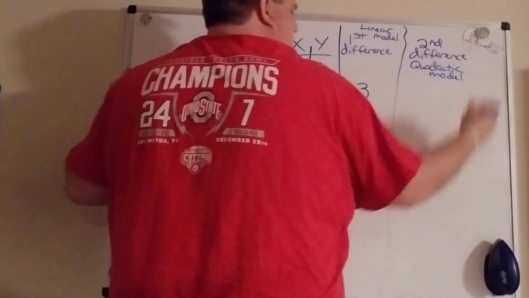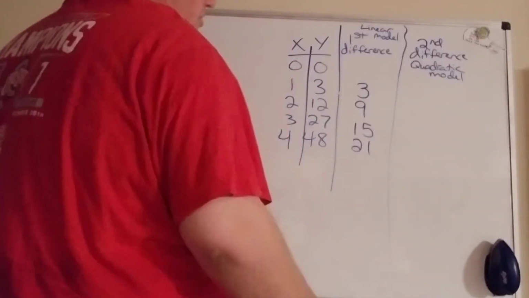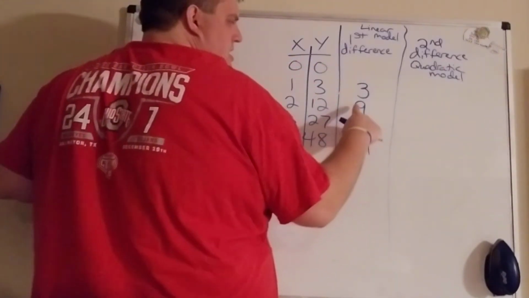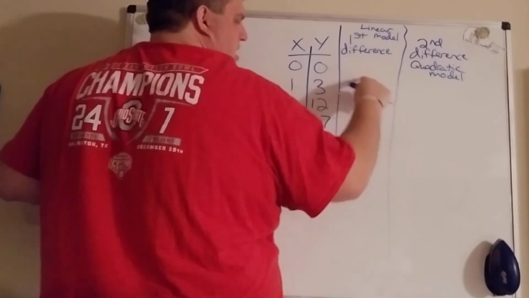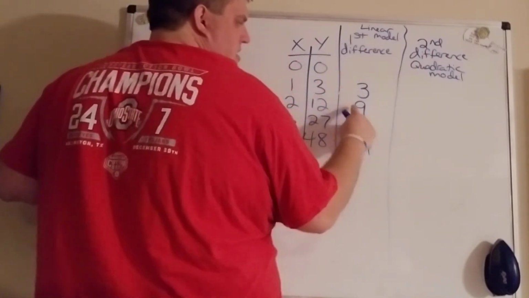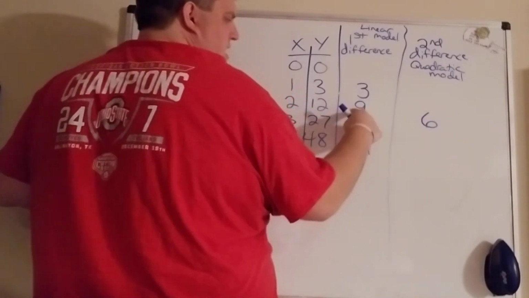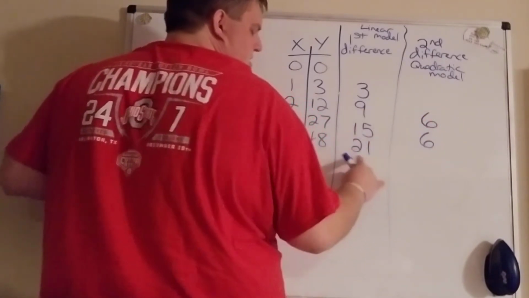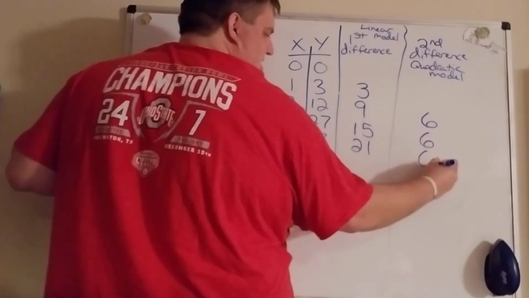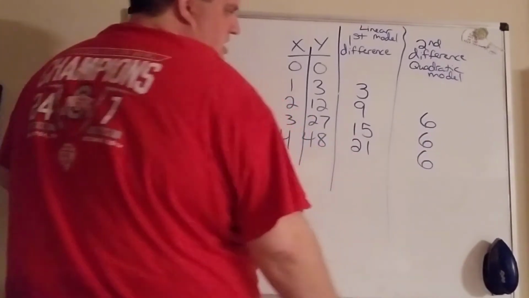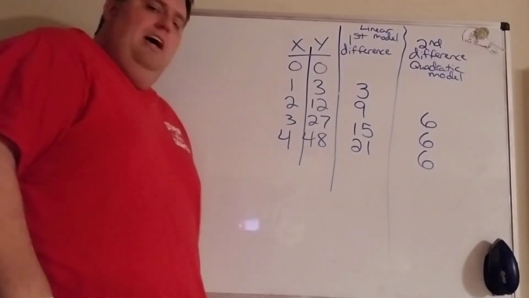Quadratic model that we want to use. And look how cool this is, because you can see it here. Obviously, we had nothing up here because we subtracted. So 9 minus 3 is going to give me 6. 15 minus 9 is going to give me 6. 21 minus 15 is going to give me 6. I probably should have done another one so it wasn't demonic.